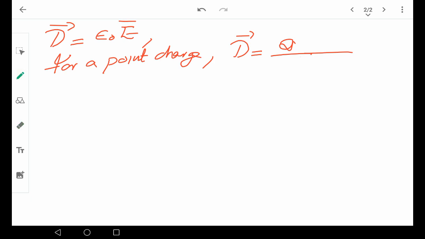D equal to Q by 4 pi r square aR, right?